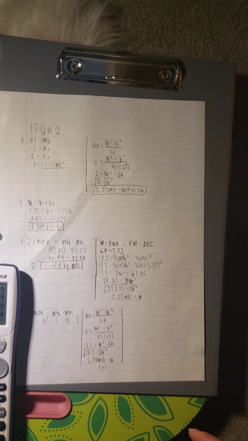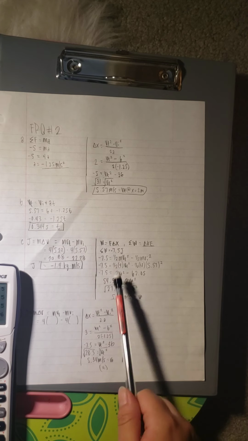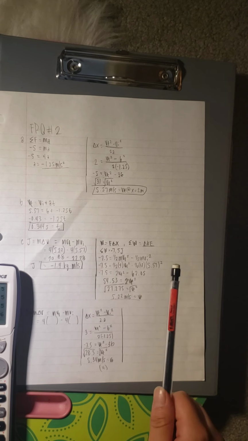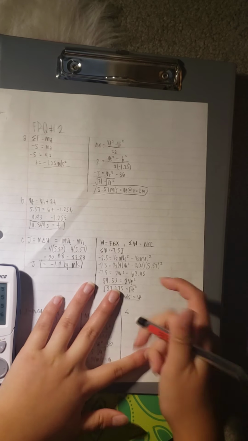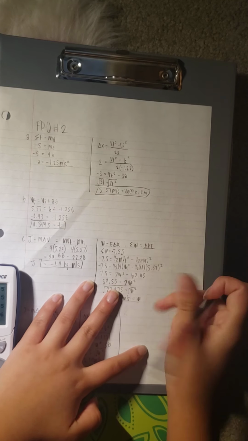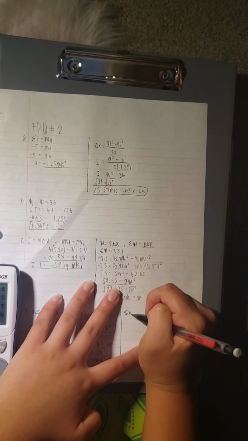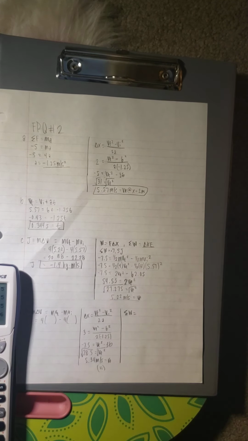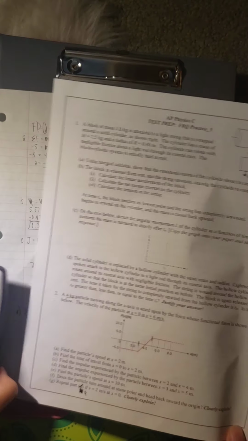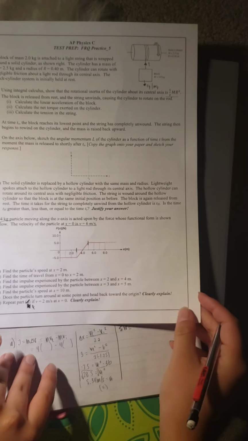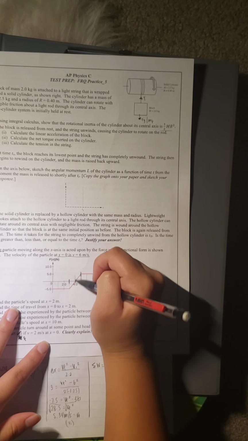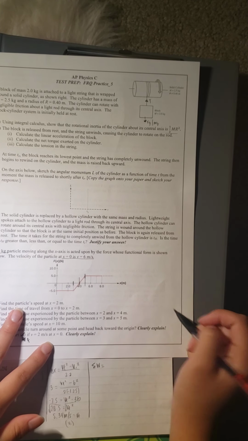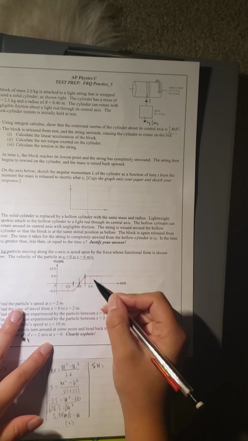So what we want to do is set up the whole work kinetic energy theorem again. So using our graph again and finding the area, we are going to find the work for this section right here.